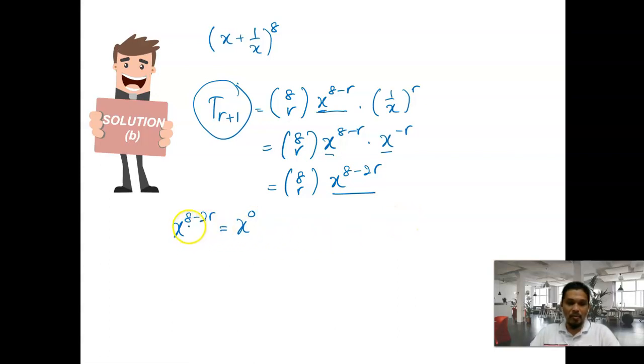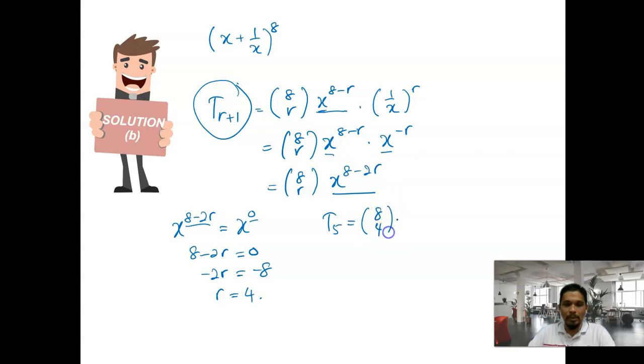Okay, so we compare the index here, 8 minus 2r is equal to 0, negative 2r equal to negative 8, and r equal to negative 8 divided by negative 2, yes, equal to 4. So then, when r equal to 4, 4 plus 1 equal to 5, the fifth term, which is 8C4, then x power of 8 minus 4, and x to the power of negative 4.